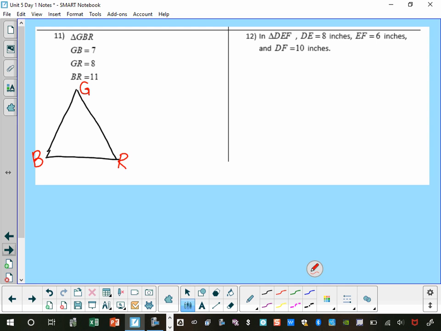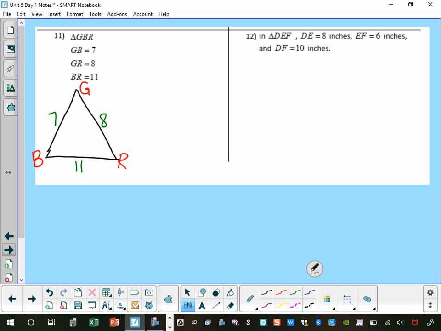Now your angle, you may have your letters in different places. It does not matter at all. As long as you know, if it says GB equals 7, I'm going to put a 7 there. GR is 8, so I find line GR. That's going to be 8. And BR is 11, so I write 11 there.